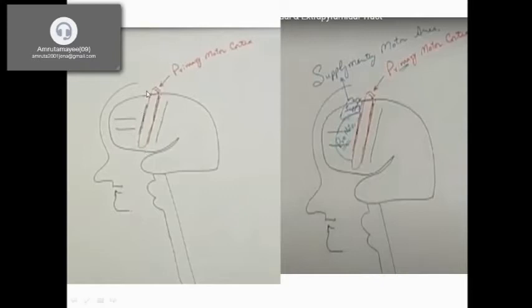The precentral gyrus is where the primary motor cortex lies, shown in red color. In front of that is the supplementary motor cortex, and in the downward direction, in green color, the premotor cortex. Most fibers of this corticospinal tract arise from this area, so this is the origin.